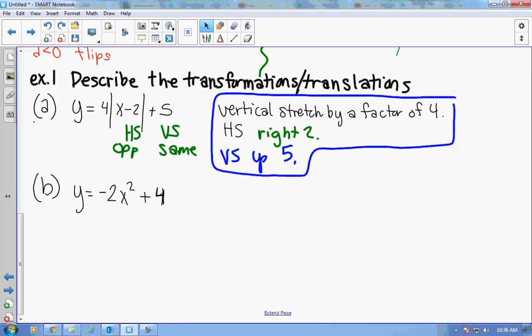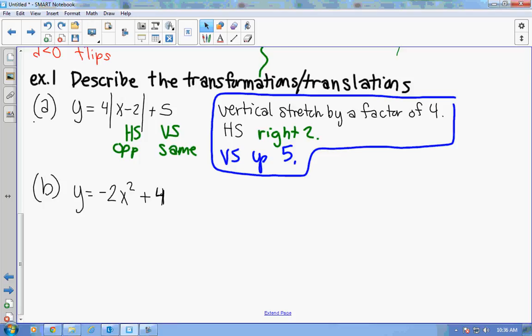Go ahead on your paper, list them out. You can't have those plots on at the top. You turn all those plots off. Describe the transformations. List what A does, what H does, what K does. So you should be describing 3 different things.